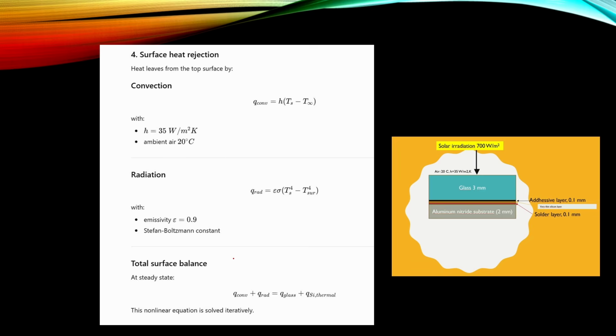So the heat balance is that this convection and radiations are cooling down this glass layer surface, and we have heat generated in a silicon layer and some heat absorbed in that glass layer. So this nonlinear equation needs to be solved now.